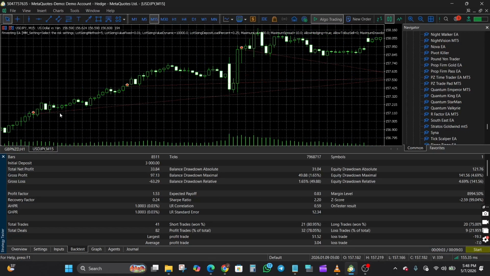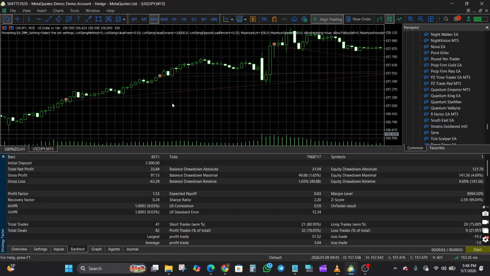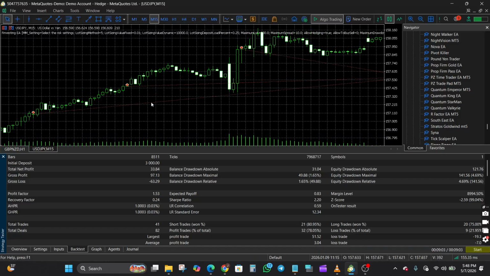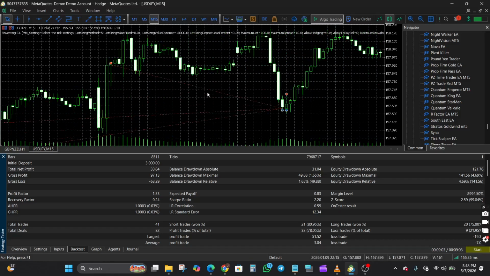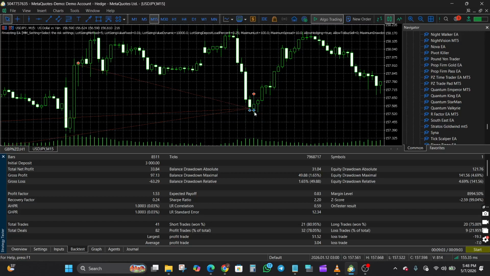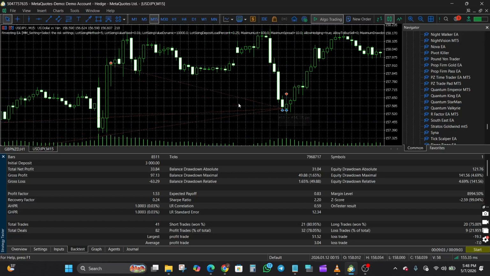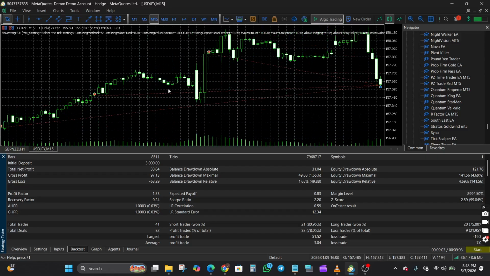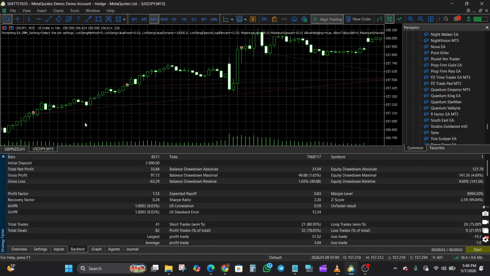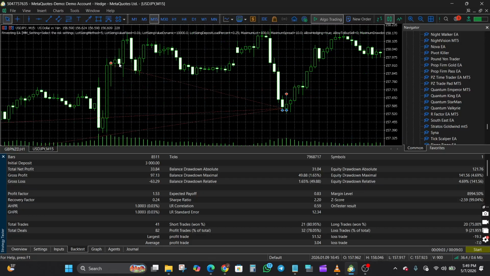But in a situation whereby the price begins to go against the EA's position, like in these cases, there seems to be a basket order whereby those losing trades are closed together. In this case, these two were losing trades, but this particular sell trade was a winning trade.